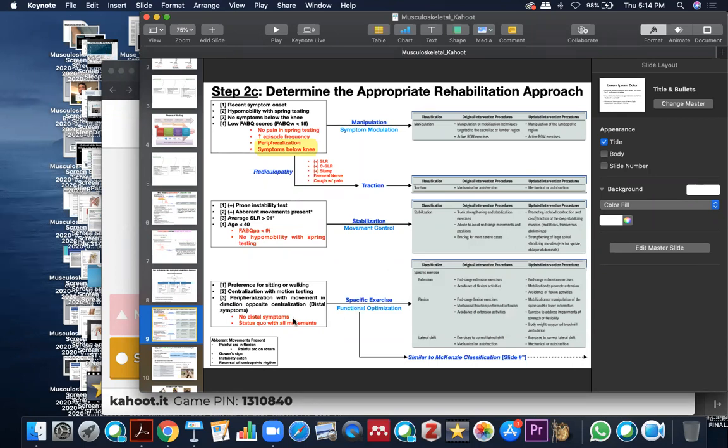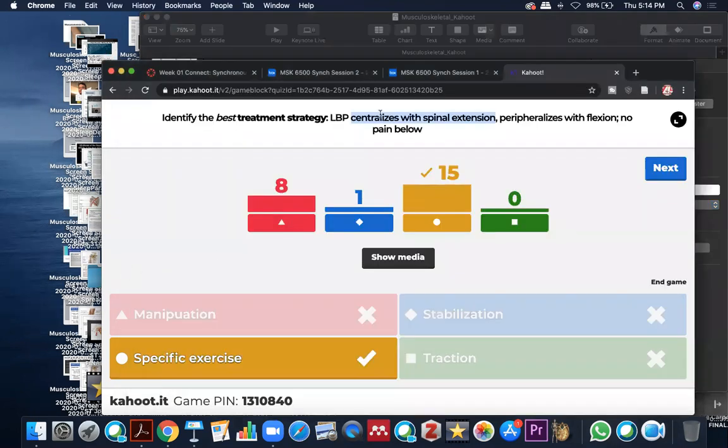The other thing is that if they have no distal symptoms, that will actually rule it down. Remember that you're looking at centralization. That would imply that they might have some pain in the thigh or something like that, and you'd want to centralize it and get it back contained in the lower back.